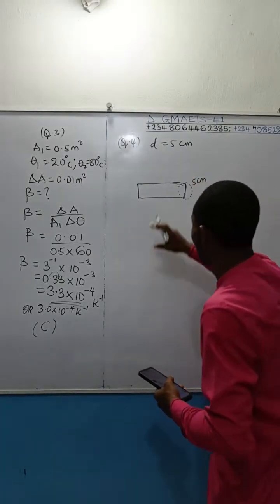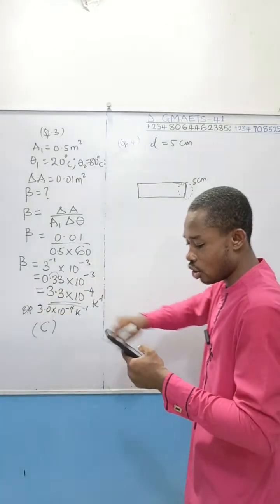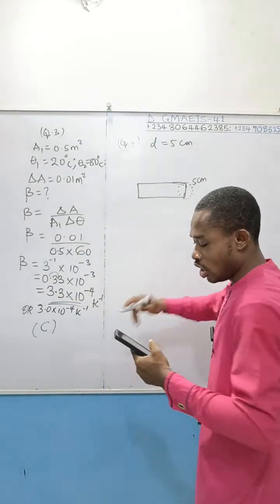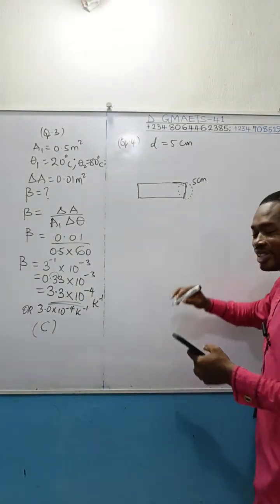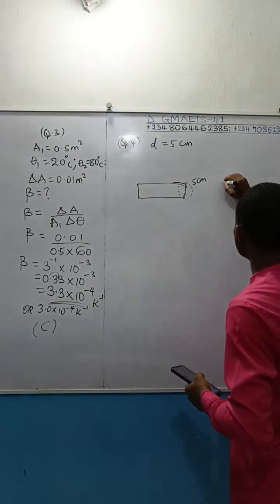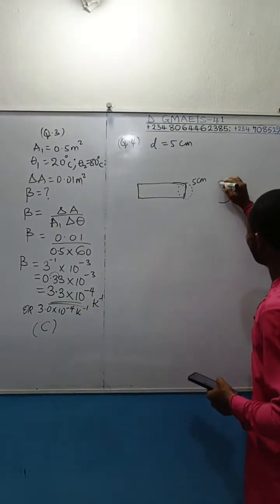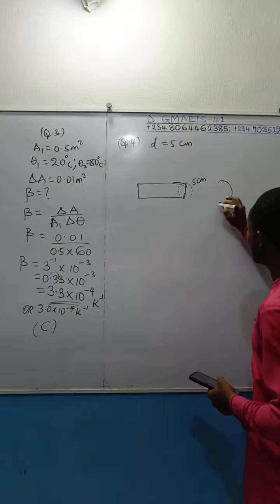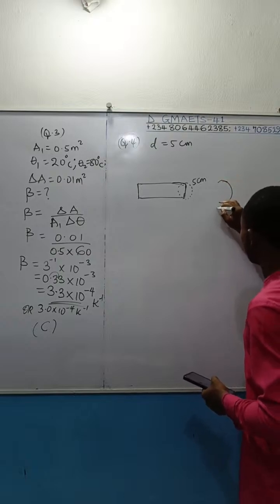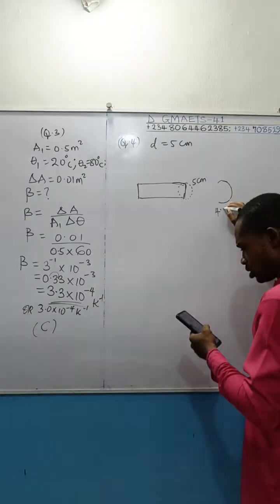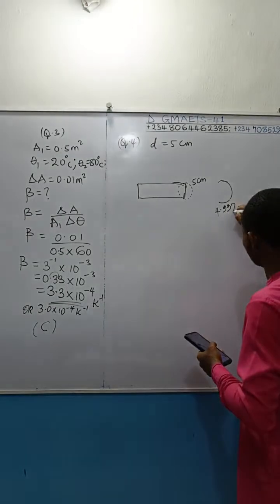Now, this is to be fitted into a hole of constant diameter 4.997. So let us assume that this is the hole. And the diameter of this hole is 4.997 centimeters.